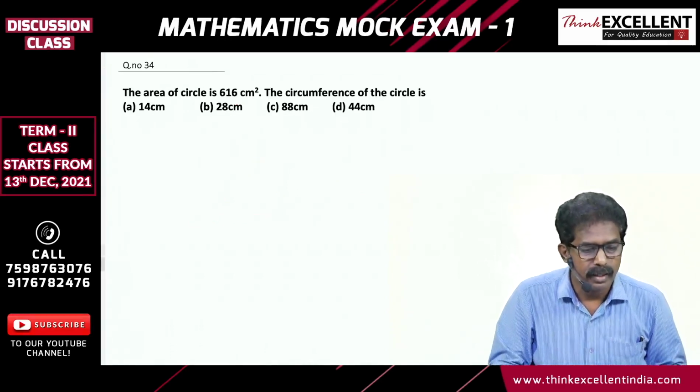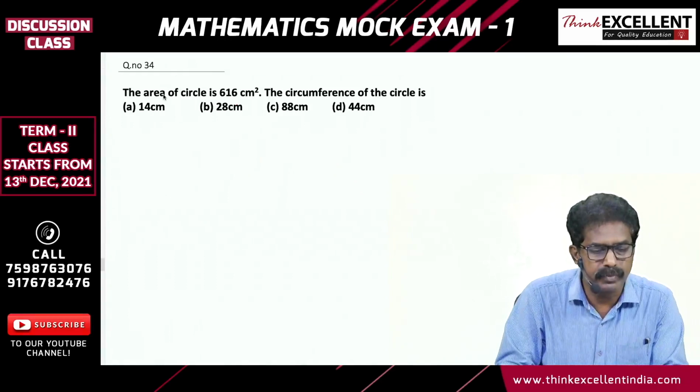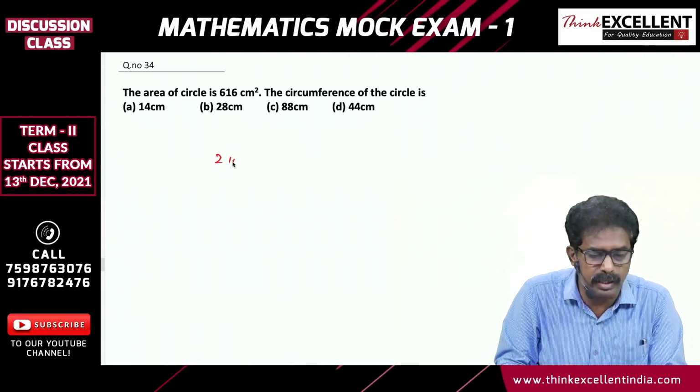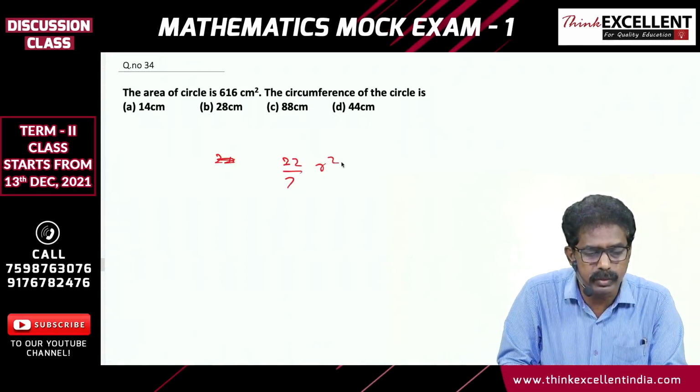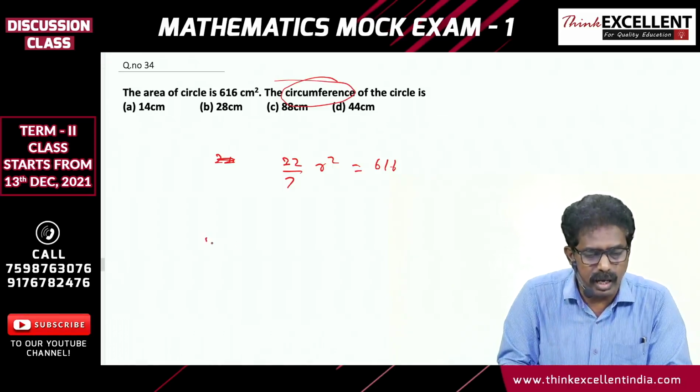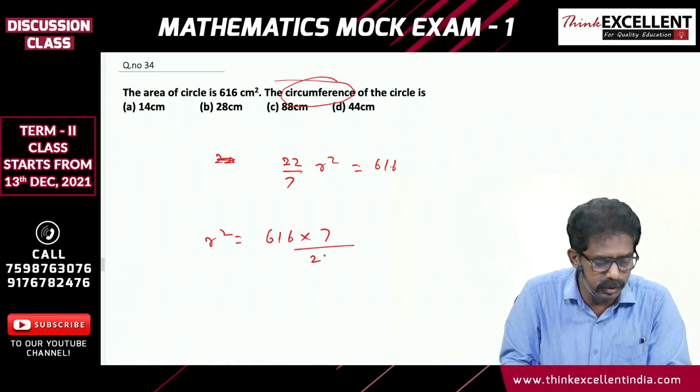Question number 34. Area of the circle is 616. The area of the circle formula, you know, is pi r square. Pi r square is 616. They asked to find the circumference. Circumference formula is 2 pi r, right? So r square is equal to 616 into 7 by 22.